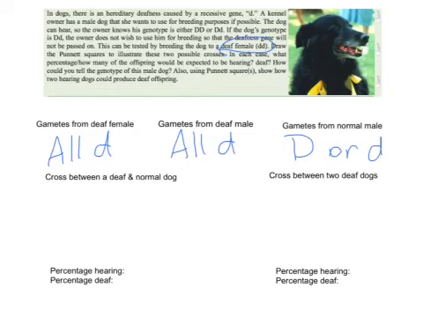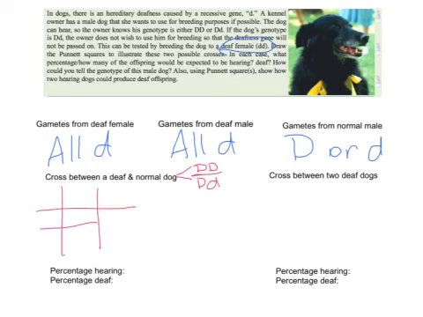Now if we're going to cross between a deaf dog and a normal dog, we're going to have to do two Punnett squares, as we can have two genotypes for our normal dog: big D, or big D, little d. And that's what the owner wants to know, whether her male dog is big D, or big D, little d. So let's do big D first.